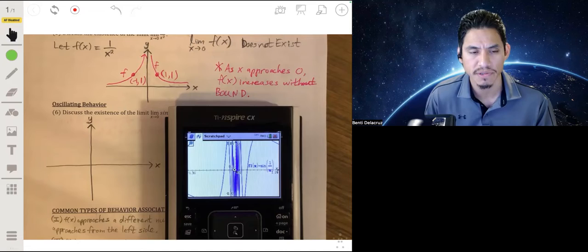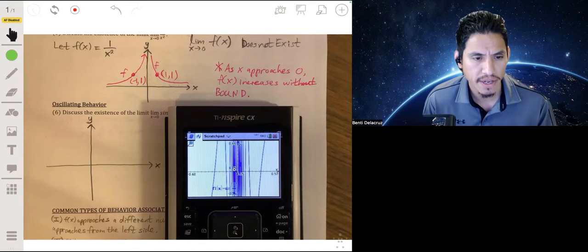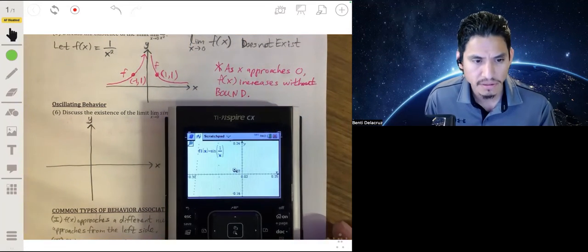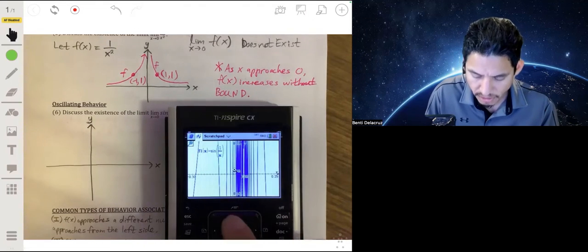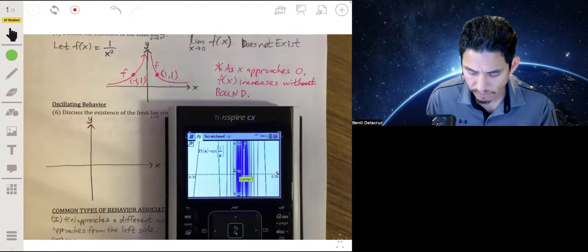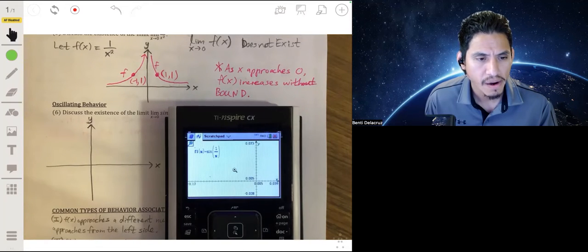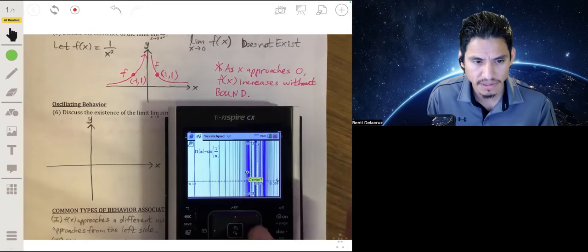It oscillates, we call it. It's oscillating like crazy. It doesn't stop. We zoom in more. You can see my scale is 0.02. Going more, 0.01. It just becomes a bunch of crazy lines.